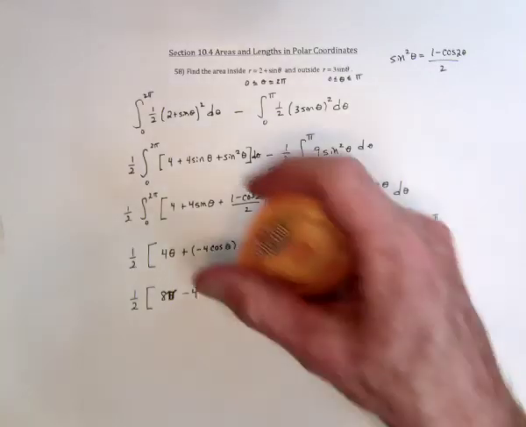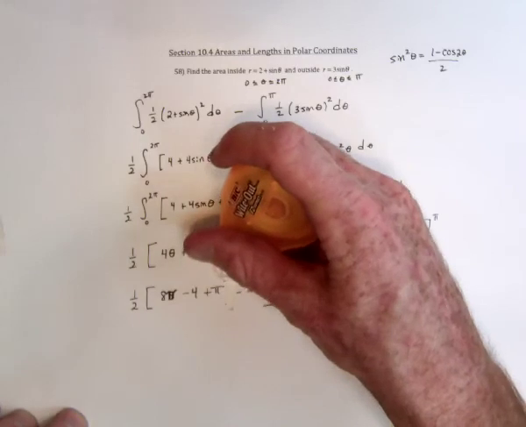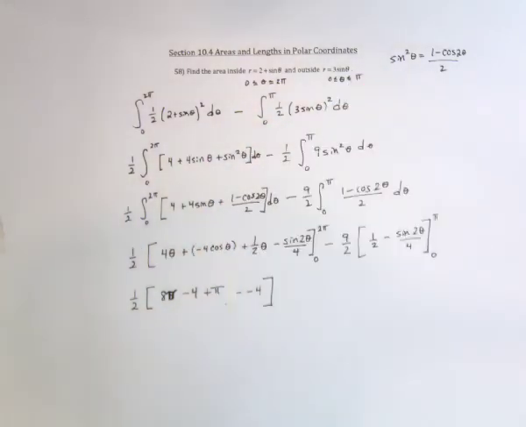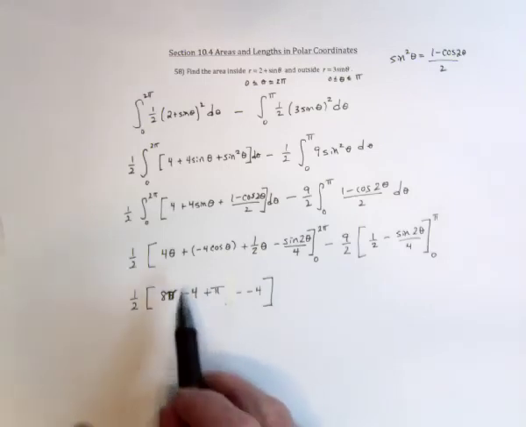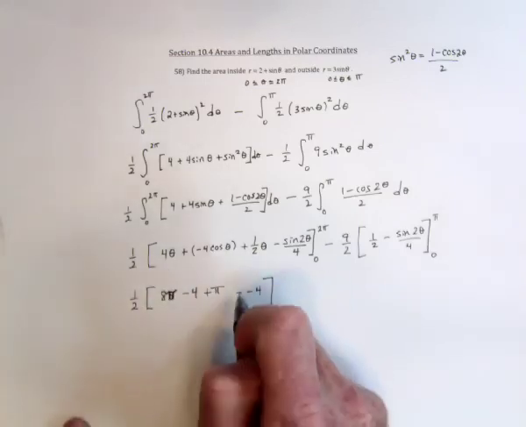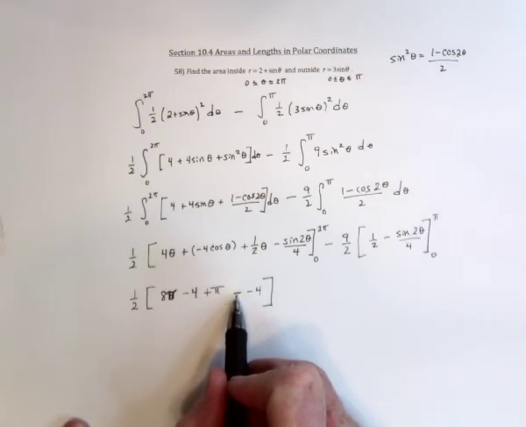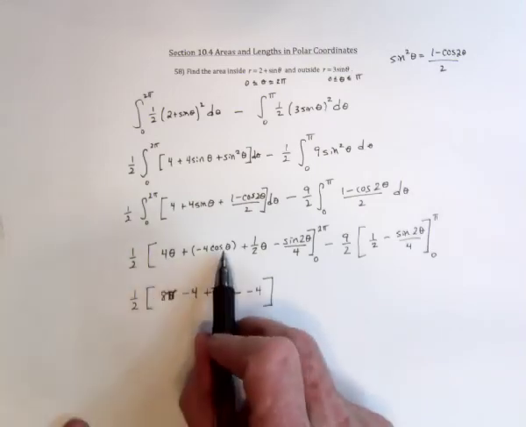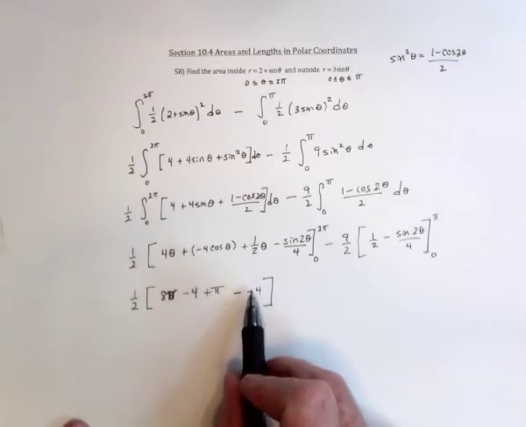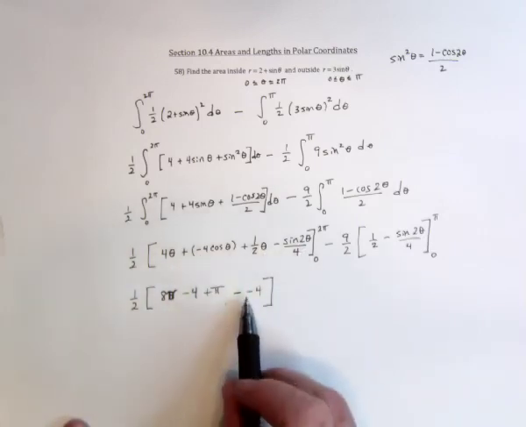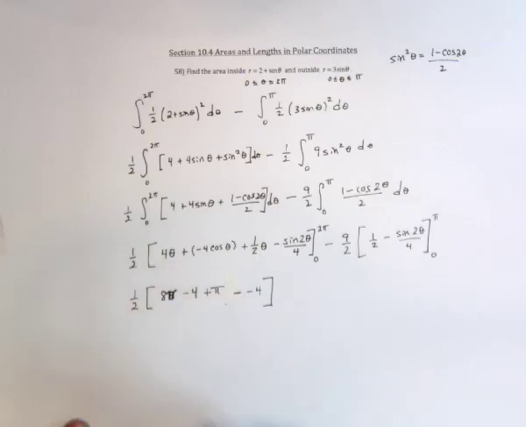So when we substitute the 0, cosine of 0 is 1, so this is negative 4, and this is 0, and this is 0. Oh wow, the 4's are going to cancel.